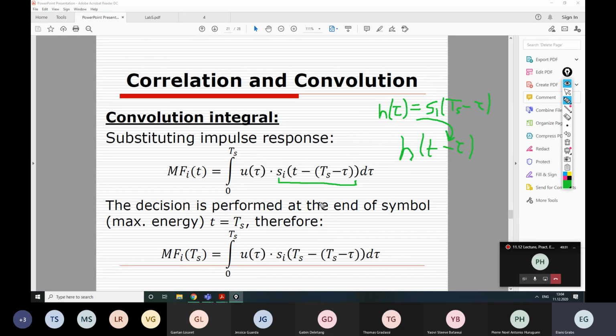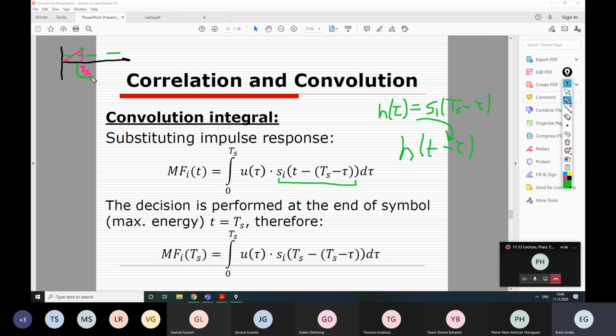Now we need to open brackets, and as we have already seen from our practical exercise number 4, when we calculate the correlation integral, it slowly increases in time and maxes out at the symbol duration. And that's when we are performing the comparison with some threshold. So here we have some threshold, and then here we compare the value with the threshold.